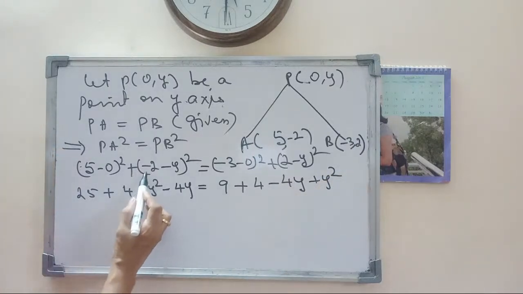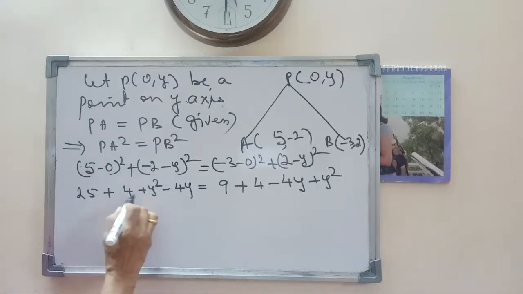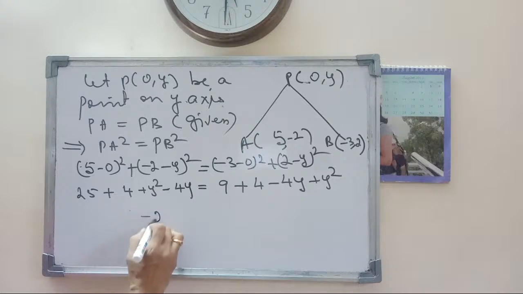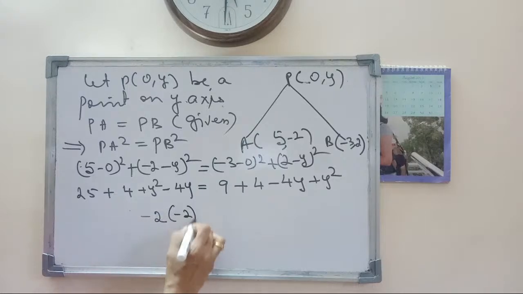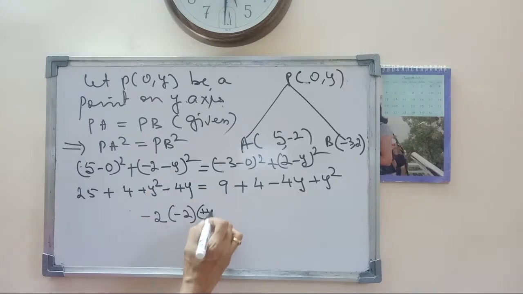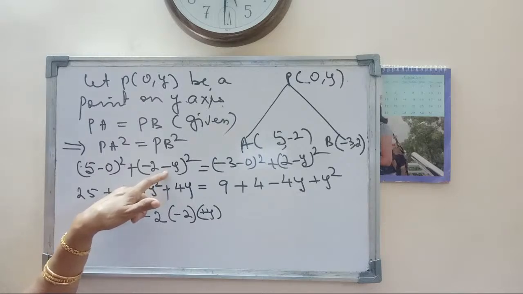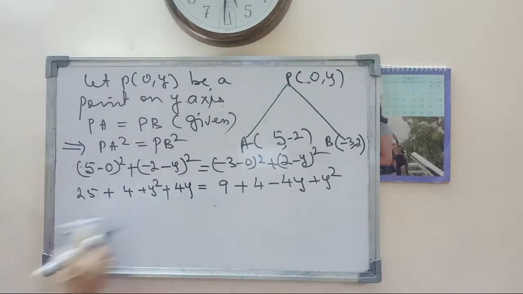Is it correct? a square plus b square minus 2 into a into b. Now here we should not add this negative, it is plus only. Because while expanding we cannot take the negative sign, it is already in the expansion of (a minus b) whole square.